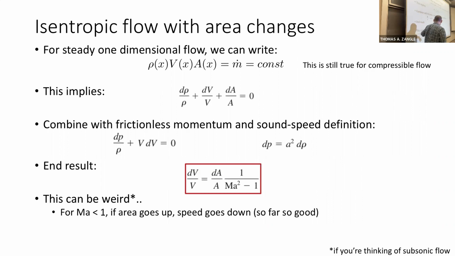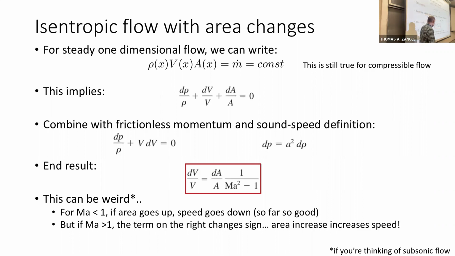Because if our Mach number is less than 1, then this Mach number squared here is going to be less than 1. This whole thing here is going to be negative, right? And that means that as the area goes up, the speed goes down, and vice versa. So this kind of makes sense from our incompressible flow thinking.